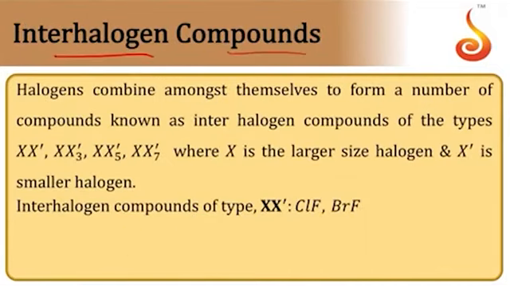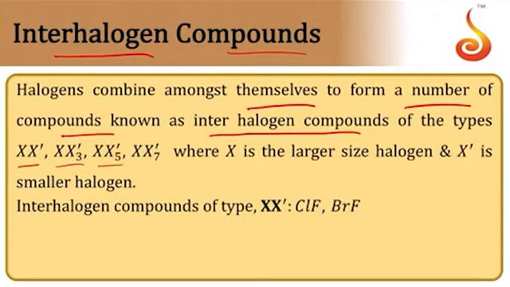Then interhalogen compounds. Halogens combine among themselves to form a number of compounds which are known as interhalogen compounds of the type XX', XX'3, XX'5, XX'7, where X is the central, larger atom and X' is a smaller halogen atom.